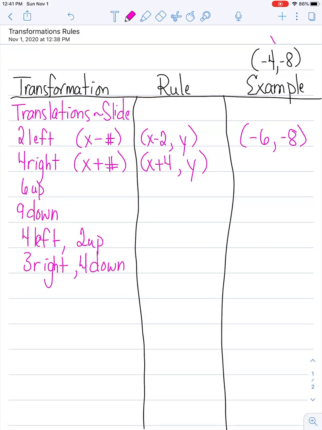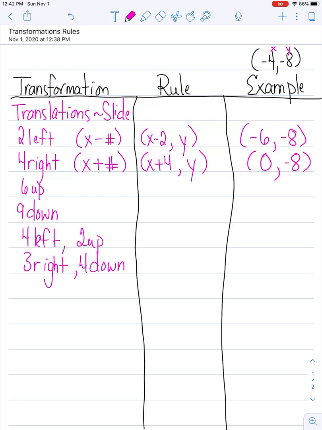Every point is x, y. So we're going to add 4 to the x, which is -4. So -4 plus 4 is 0, and we leave the y alone. So our transformed or our translated 4 right point is 0, -8.